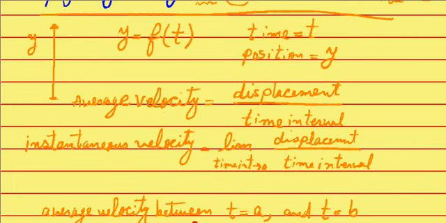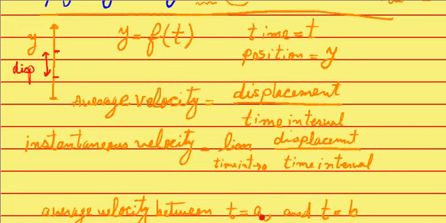At a seconds perhaps the particle is here, at b seconds the particle is here. Well, I have to figure out the displacement. That is going to be the displacement. Now I have to figure out how long I waited. Well, from a to b I waited b minus a seconds. Divide them and then I get my average velocity.